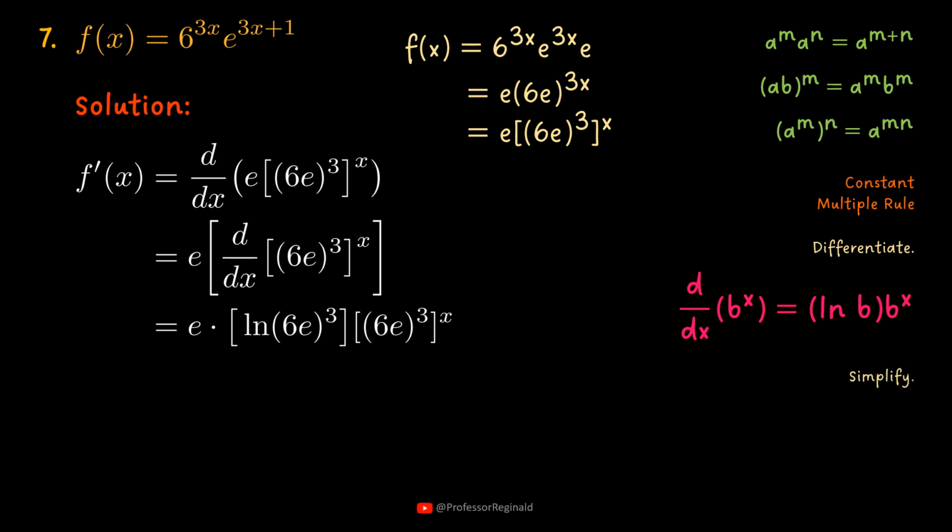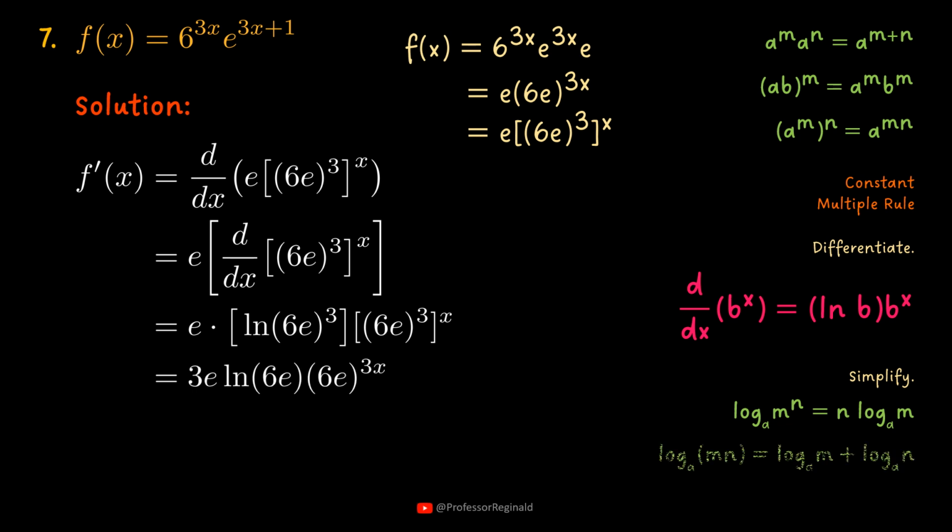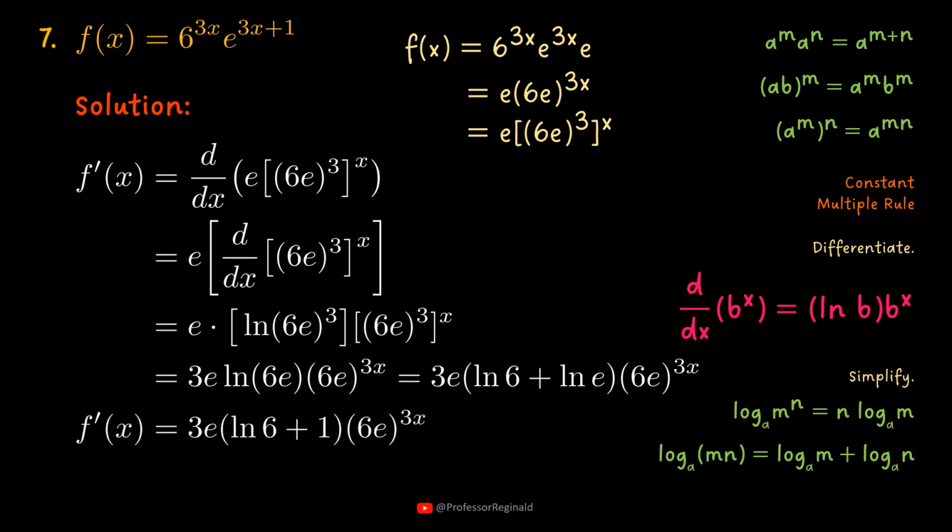Simplify using properties of logarithms. Thus, f prime of x equals 3e times the natural logarithm of 6 plus 1 times 6e raised to 3x.